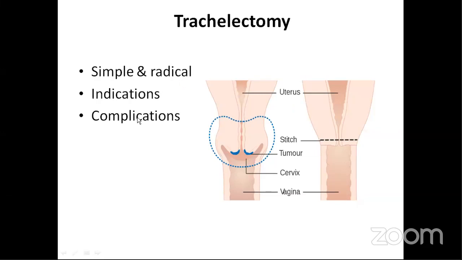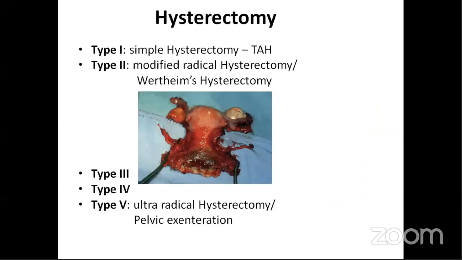Okay, complications: again, there is no cervix. So imagine a lady who has become pregnant with no cervix, which is the doorway for the uterus. So they can go in for abortions. Okay, next. Various types of hysterectomy which we discussed during staging management. Type 1 hysterectomy is a simple hysterectomy, which we all might have noticed in our colleges.